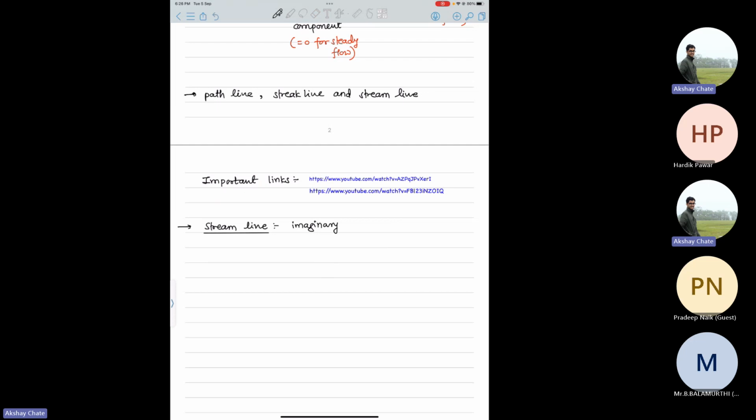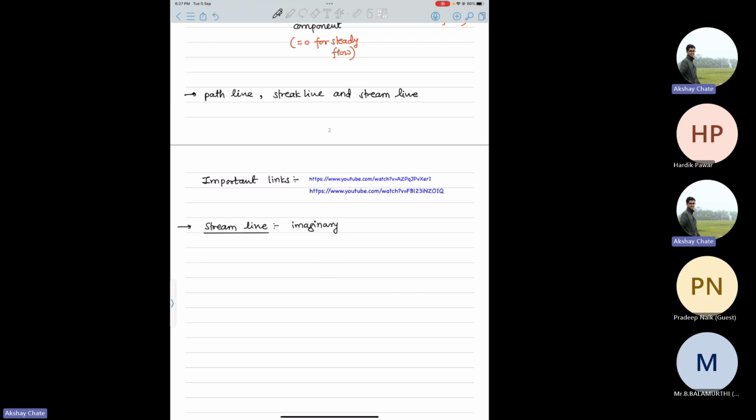So imaginary, it's not a real thing. It changes with respect to time, so at any instant of time it can have some shape, and after some time it will have some other shape. It is not a fixed line or fixed curve.